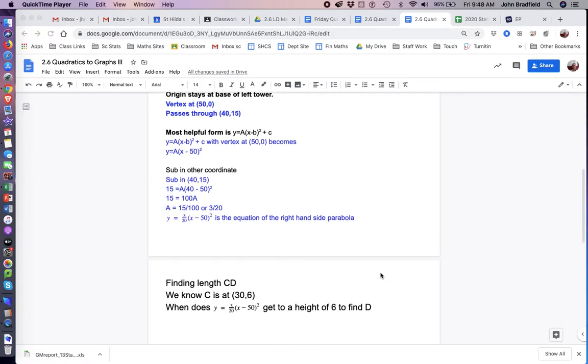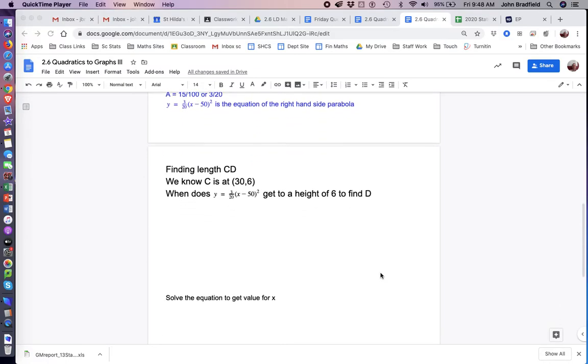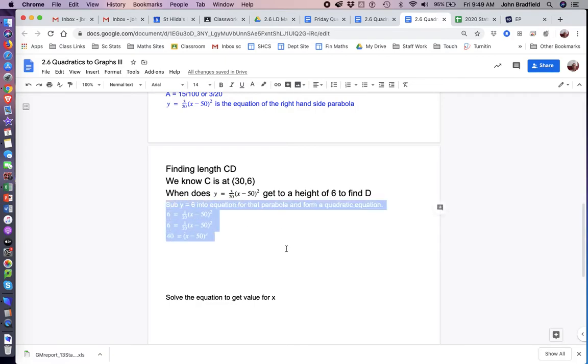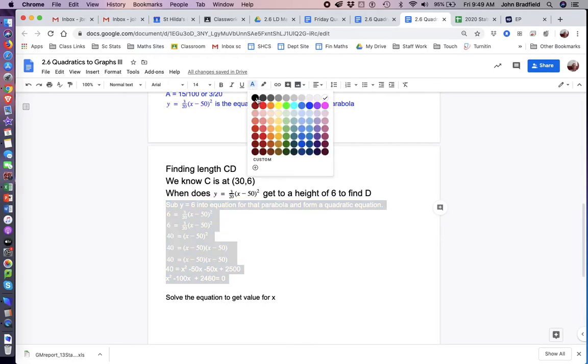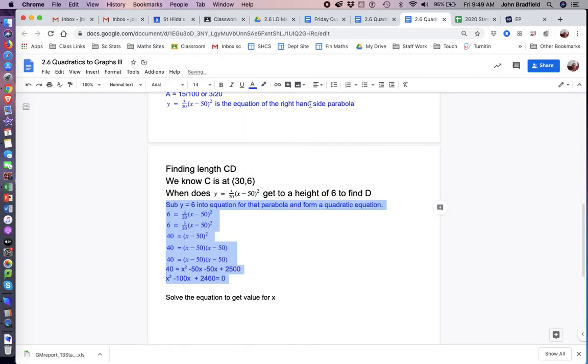So this is kind of the new thing. So we've got an equation, and the first part of the question is, when does that parabola get exactly to the level of 6? Because when it does, we know we're at point D. So what does that look like?